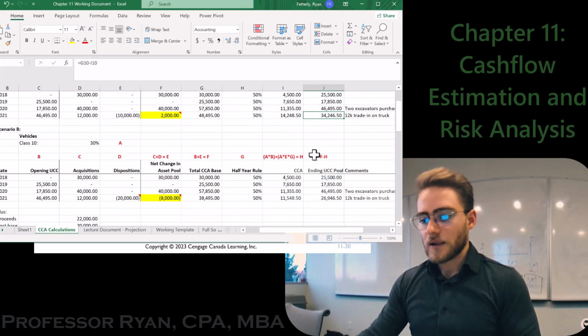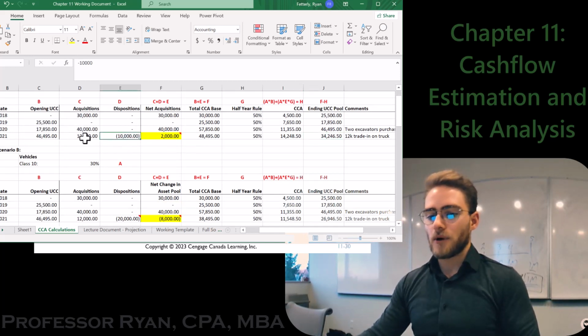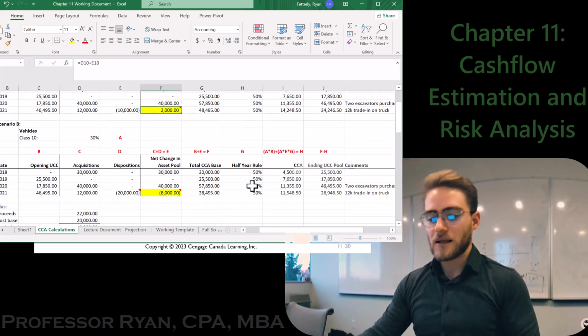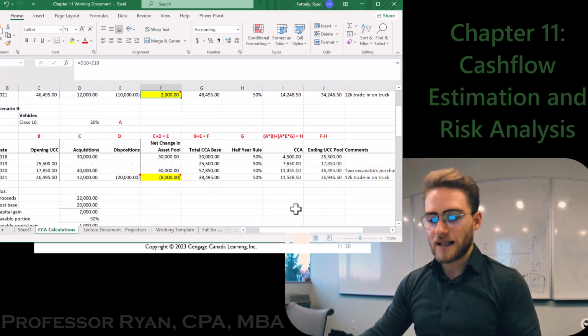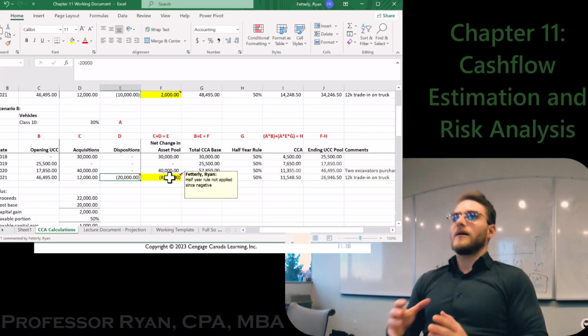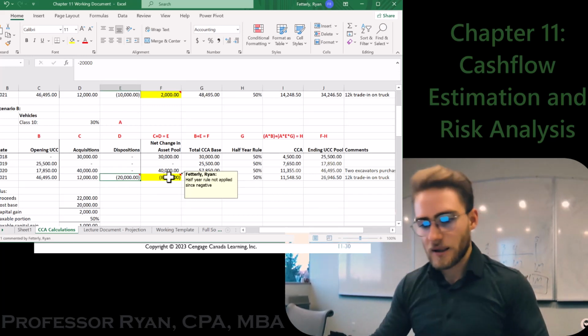All right, so it's not too bad when you have a positive net acquisition balance, but in scenario B, it does get a little more complicated, because in scenario B we actually have a net decrease in the assets.